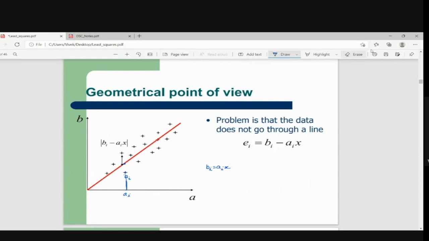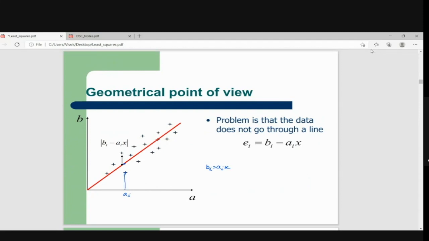So what I do is I will write this. For this point, my ai is given to me, and this is the value of the point. And from the line I'm proposing, for this ai, this is my bi.